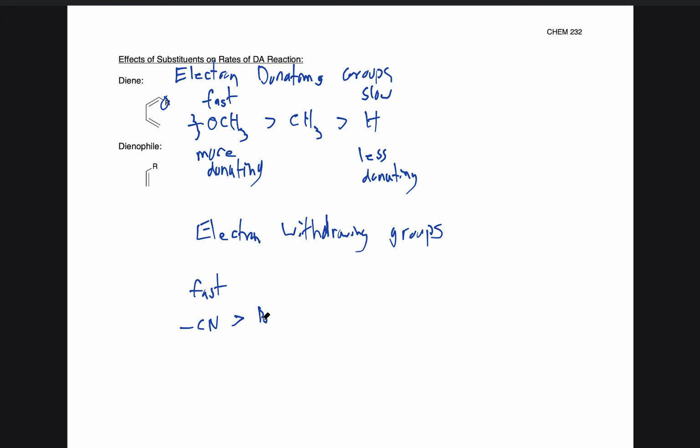Halogens also work here, bromine, iodine, chlorine, fluorine, of course. Aldehydes, like anything with these carbonyls. And then hydrogens being the slowest. Right, more electron withdrawing, less electron withdrawing. Okay? So dienophiles have the electron withdrawing groups, and dienes have the electron donating groups.